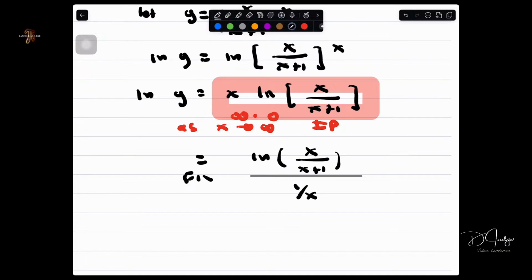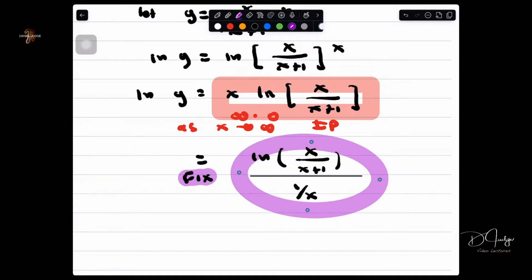Let's remember this is called the fix. It's an algebra fix, so I'm going to color that purple. There we go. Now the limit is 0 over 0, an indeterminate quotient now.